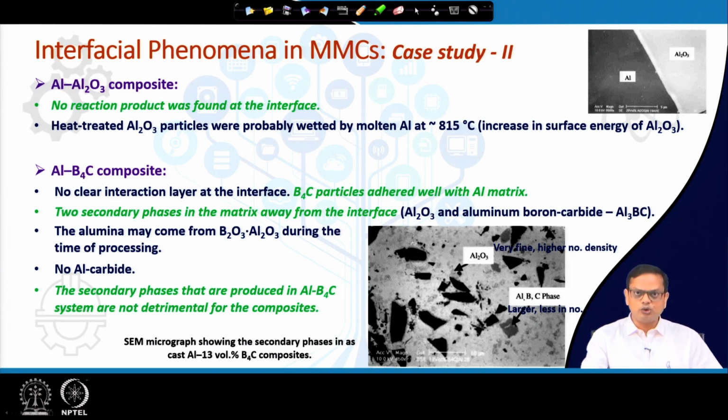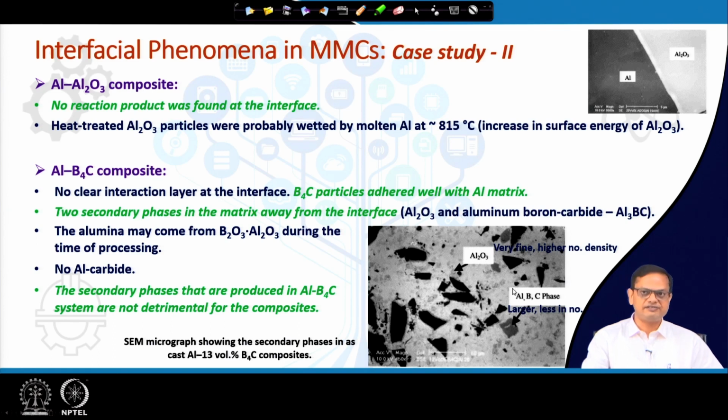If we look closely in case of Al4C, earlier we saw that B2O3, Al2O3 is forming, and then if you look away from the interface, what we see in the matrix itself, very tiny particles of Al2O3 are distributed, and that is basically coming from the interface of AlSiC, where SiO2 first formed, and then from there Al2O3 formed.